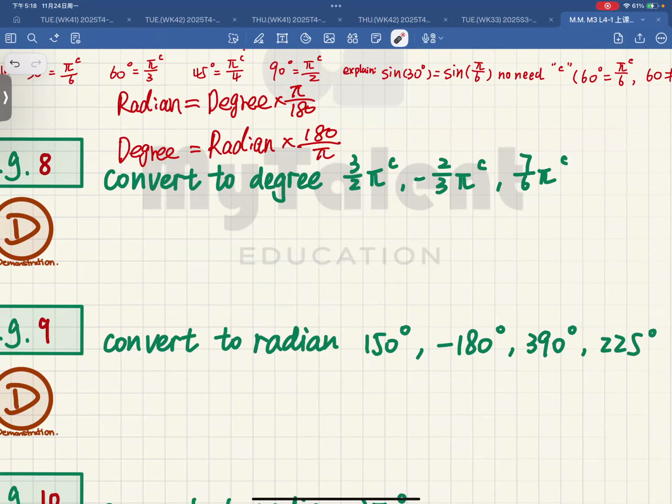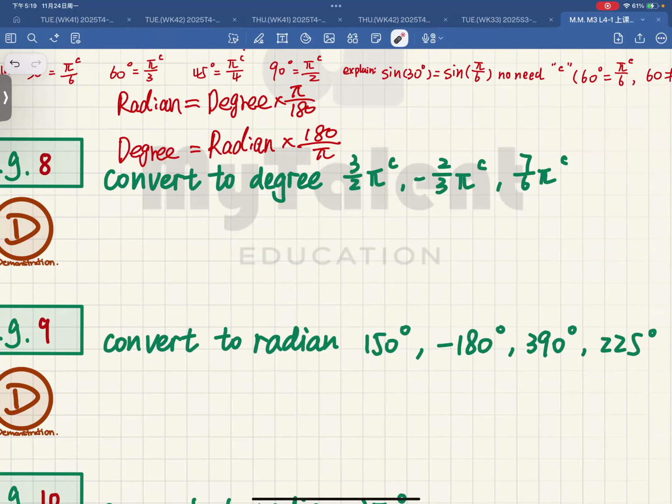Okay, next one is a bit hard. Next one is not easy. 7 on 6 pi times 180 over pi. Again, cross out pi. That's 6.